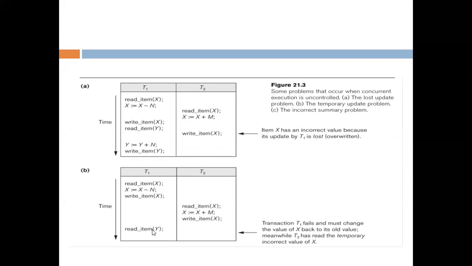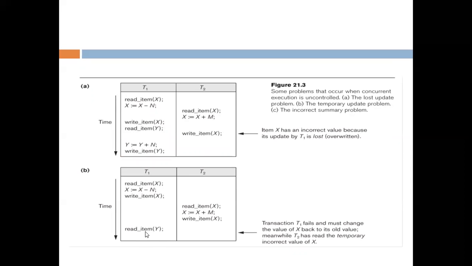For some reason, the T1 transaction fails. So when T1 fails, we must change the value of X back to its old value, which means that transaction T1 has to be rolled back.